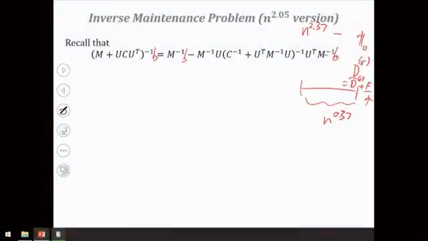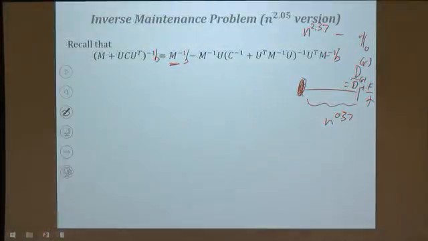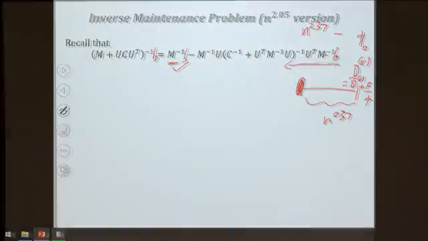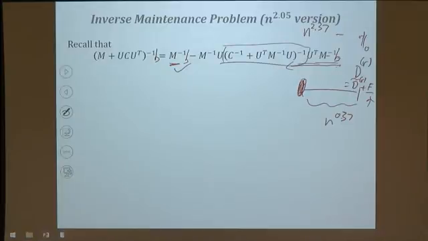And because in the initial iteration you compute the matrix inverse exactly, you already have the M inverse. So this is easy to calculate. Now this term from here to there we can compute, and this term we can compute. Then the only problem is this term: how can we compute that?